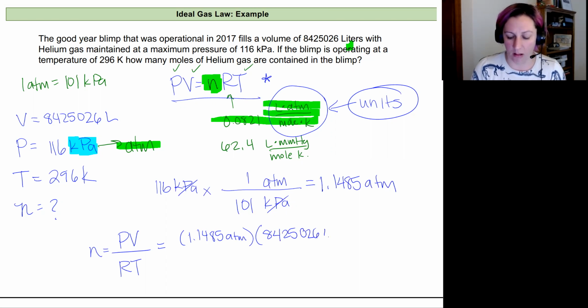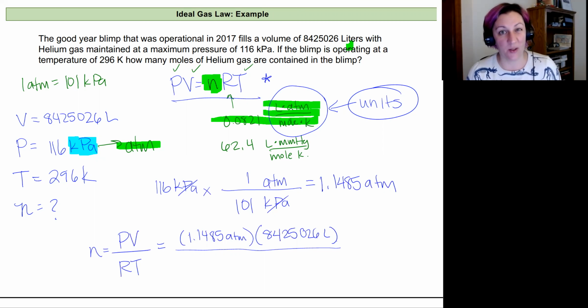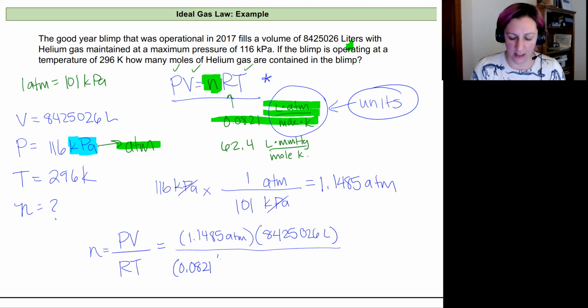That's all going to be divided by this gas constant R. And since we have units of atmospheres, I'm going to use that 0.0821 liters times atmospheres divided by moles times Kelvin, and our temperature of 296 Kelvin.